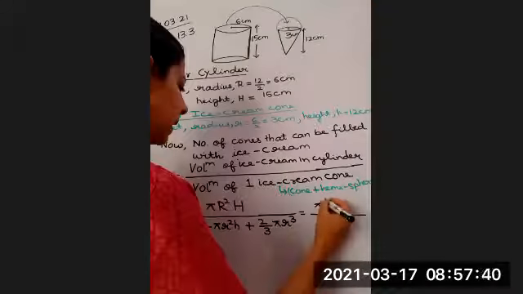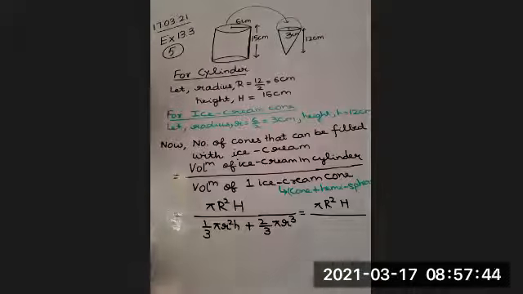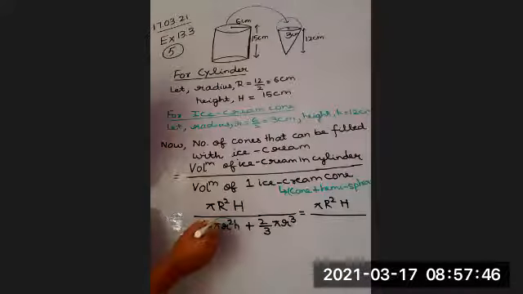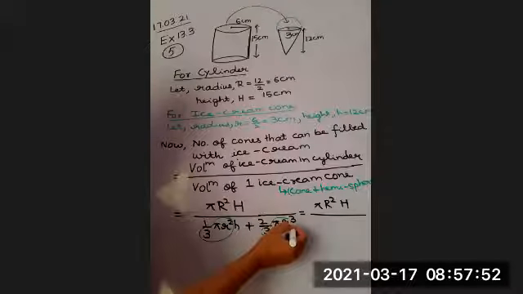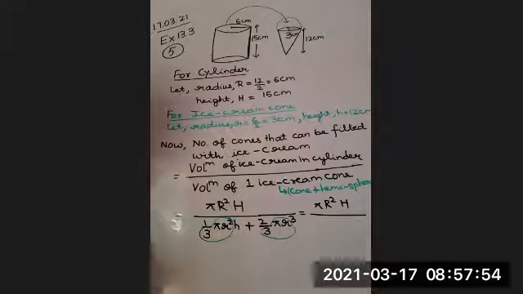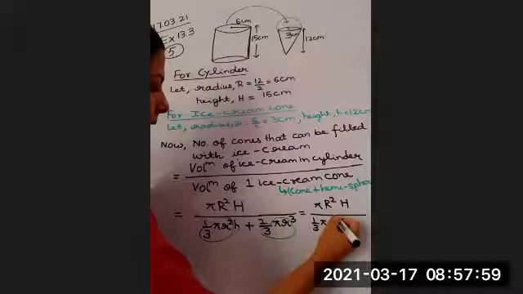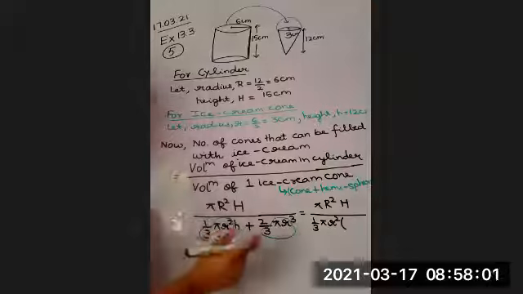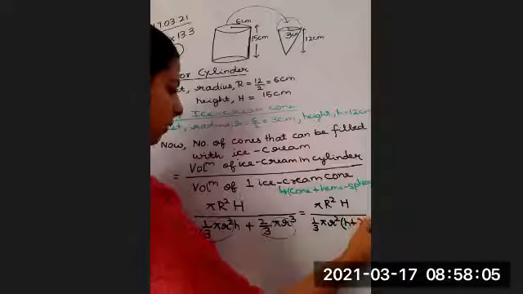So this is pi R square H as it is. In the denominator, what can be taken common? 1/3 pi r square. In the bracket you will have h, and here you will have 2r.